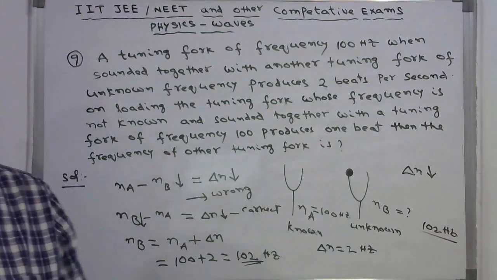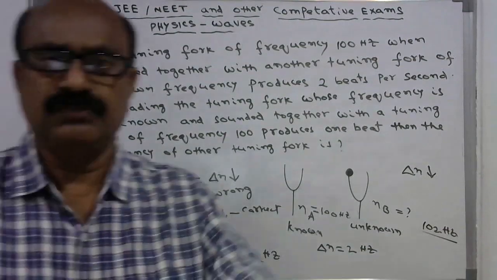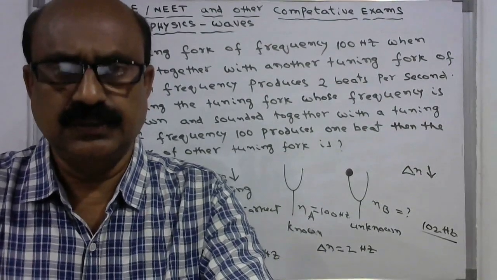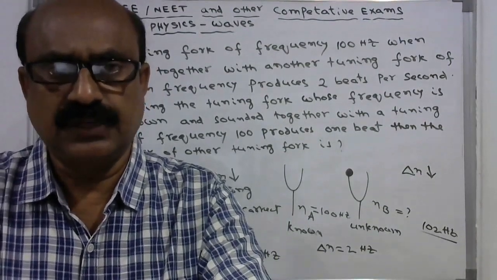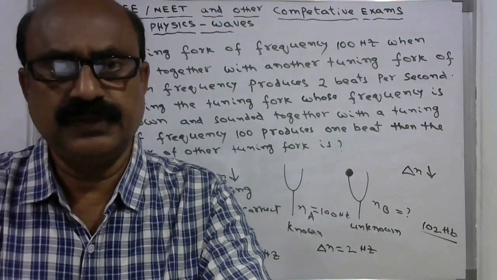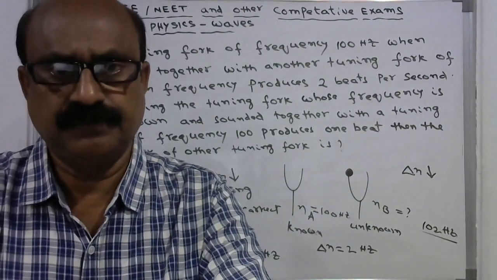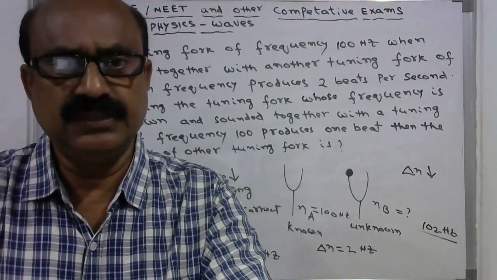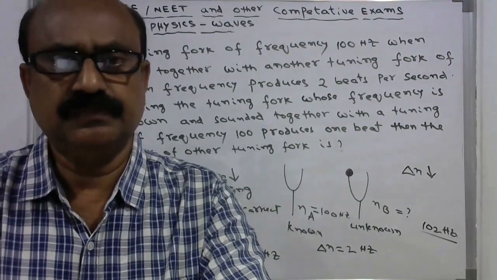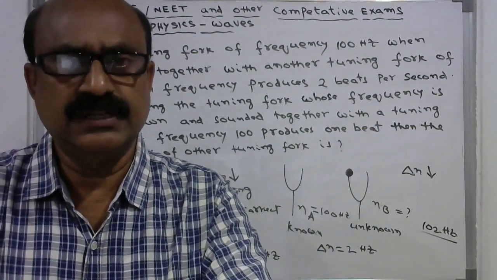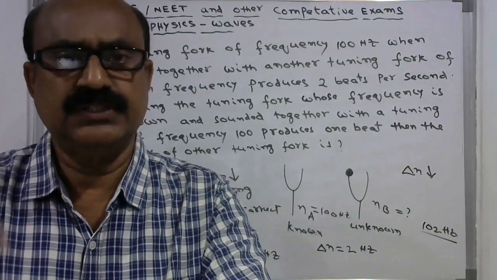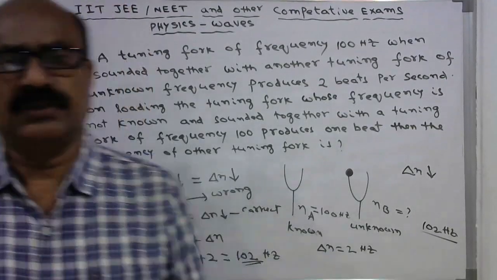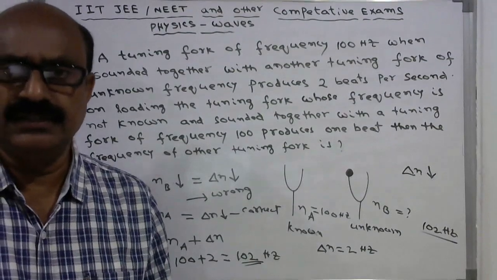Simply, on waxing, if the beat frequency decreased or no change or becomes zero, in these three cases, you have to add the original beat frequency to the known frequency. So known frequency is 100. The original beat frequency is 2. On waxing, what happened? The beat frequency decreased.